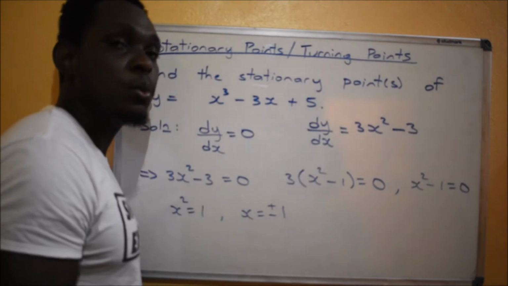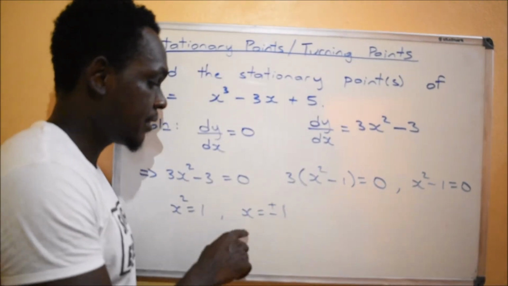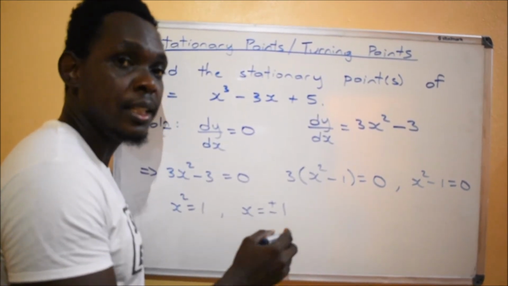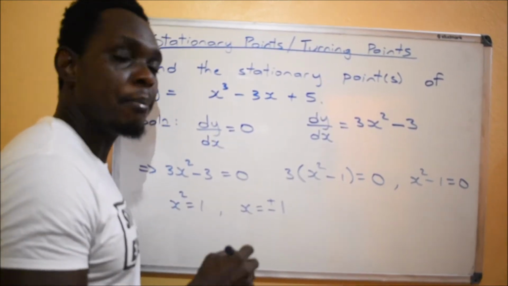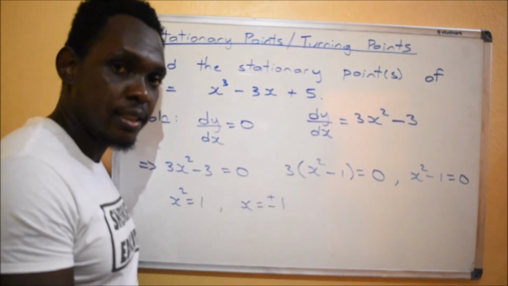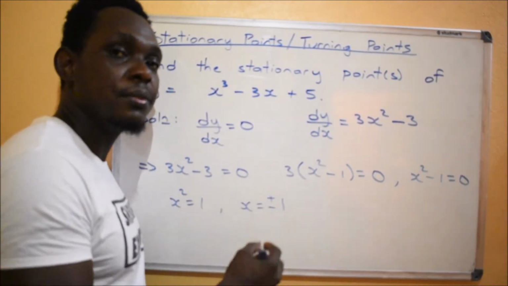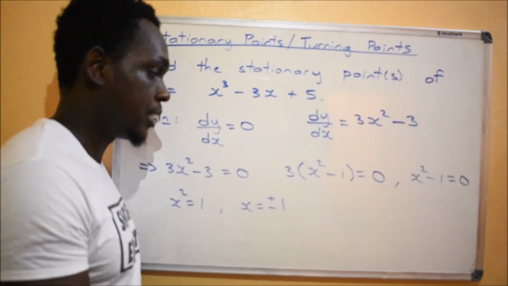So we have two x values: x is equal to 1, and x is equal to -1. Now a point has two coordinates. It has the x coordinate and it has the y coordinate. So we need to find the corresponding y coordinates.